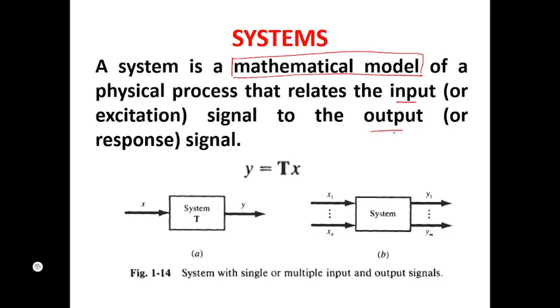So what we will do, we will be taking a very common example of a system. Say for example, most of you might be knowing about the non-inverting amplifier. So what is the non-inverting amplifier?